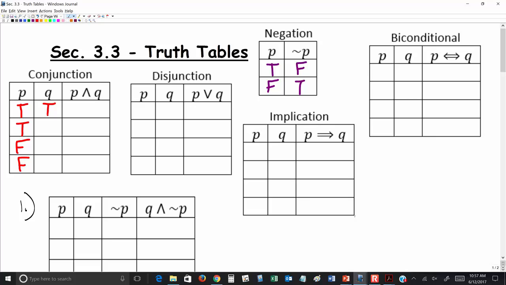Typically on a test, that'll already be given for you, so you don't really need to worry about it. Those are all the possible combinations of P and Q.